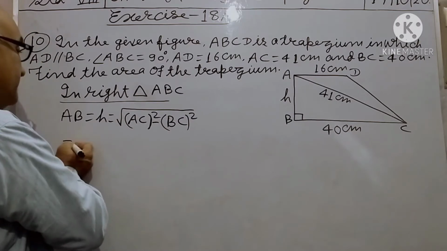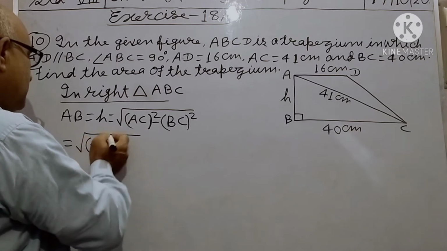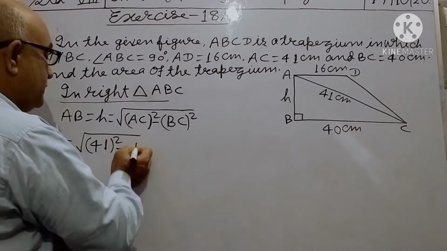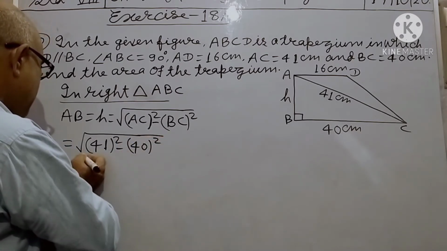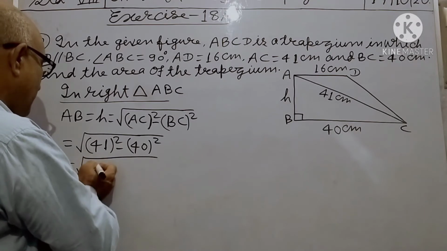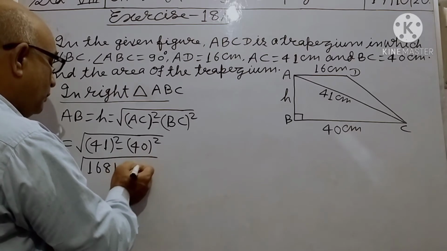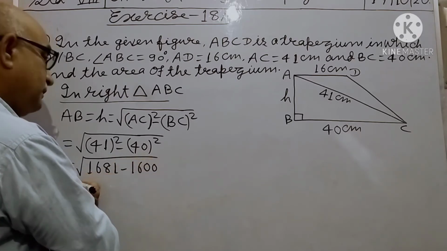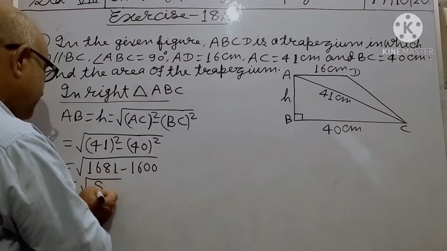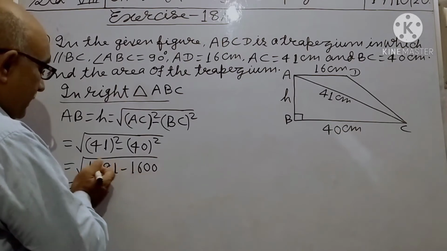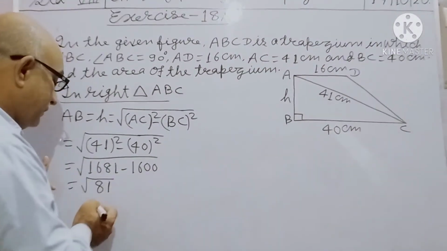AC square minus BC square equals under root 41 square minus 40 square. 41 square is 1681 minus 40 square, 1600, equals under root 81.